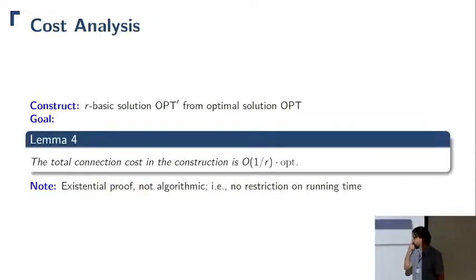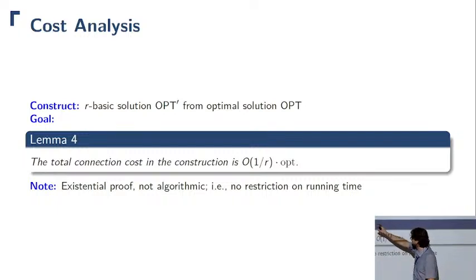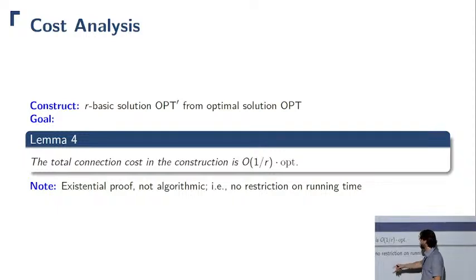That is, all we have to do is to show that the solution that we computed with this algorithm is good enough. That is, we want to construct an R-basic solution opt prime from an optimal solution opt, such that the total cost is at most 1 plus 1 over R. So think of R as 1 over epsilon, think of R-basic as 1 over epsilon basic.